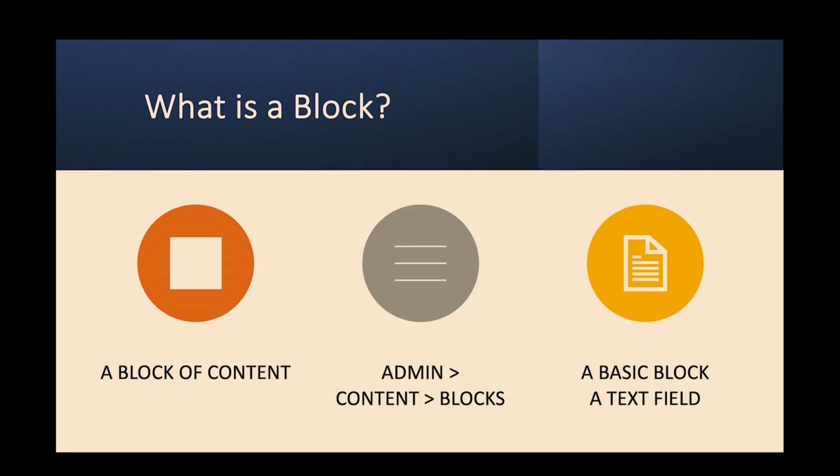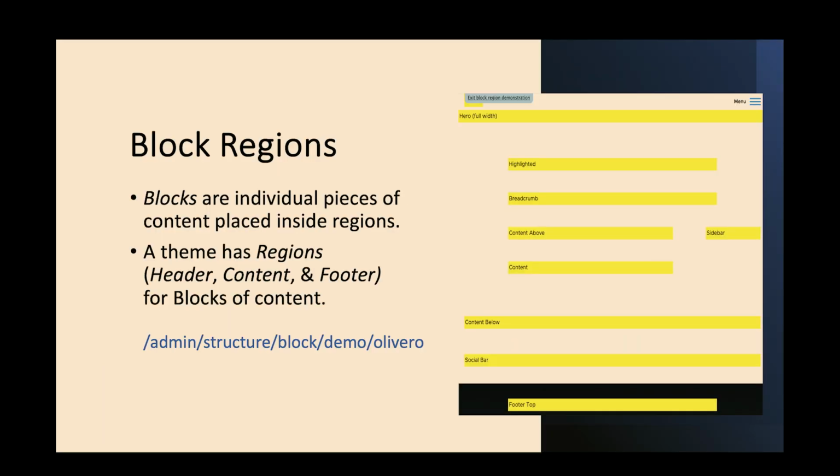The next thing to know about blocks is that blocks have regions. A theme for Drupal has regions in it where you can place these blocks, and every theme has different regions. Like you have a header region, a footer region, a content region, a sidebar region, and the number of regions and what they're called will vary based on the theme that you install with Drupal.